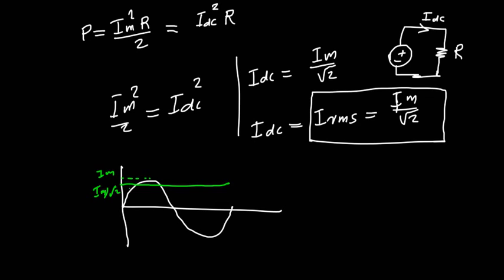Im by root 2 is the value of DC. In this diagram, the yellow represents the RMS value. Actually, RMS is a DC value. The RMS value is a DC value which dissipates the same power in a resistor only circuit as the actual alternating current. I think the point is clear for you.